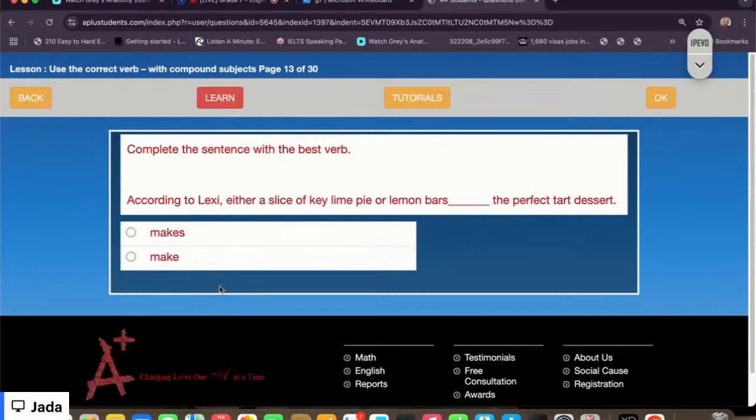So which one is the right one? So, bars here, plural. So, make.